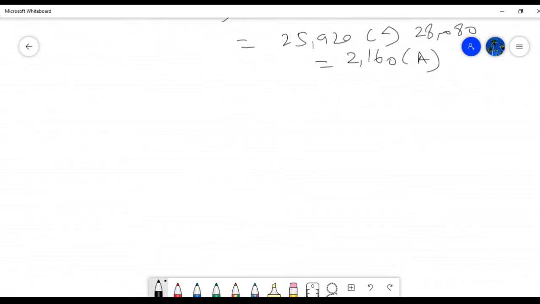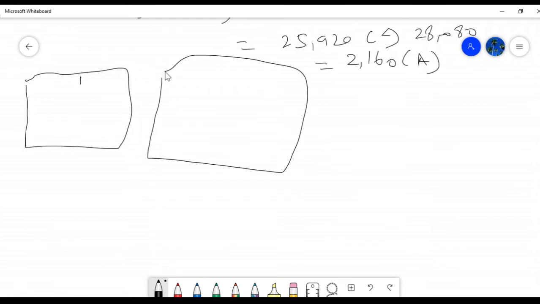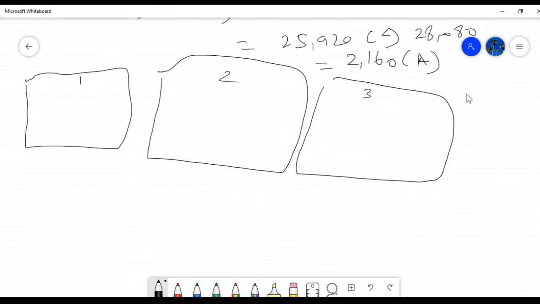Before working it out, we should always write the boxes first. That is the formula. Box number 1, 2, 3, and 4.